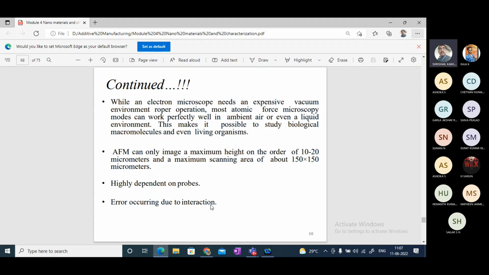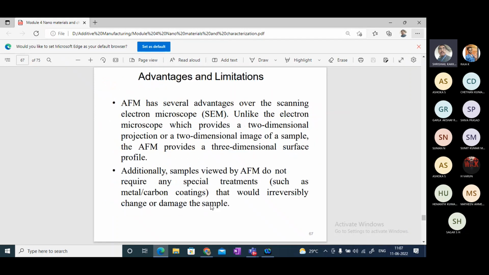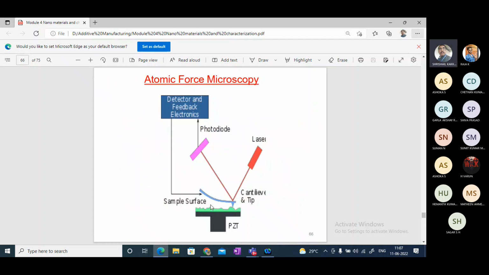Another one: errors may be incurred due to the interaction. That means human error, chaotic errors we say. Due to these errors, some errors may be magnified. These are some of the important things which we need to remember. So with atomic force microscopy, whatever drawbacks we had in all the previous kinds of microscopes, we can overcome, and here the additional third-dimensional information we can also get.